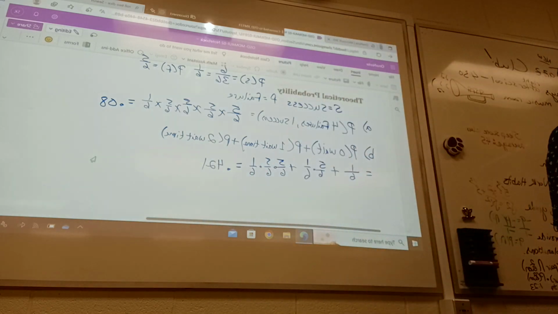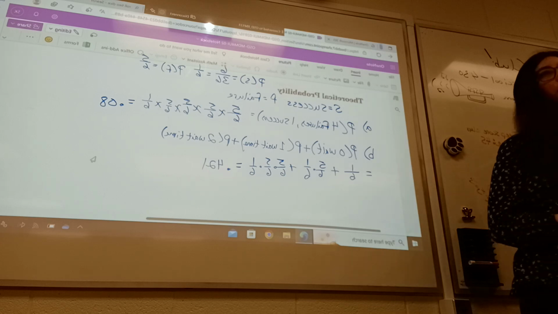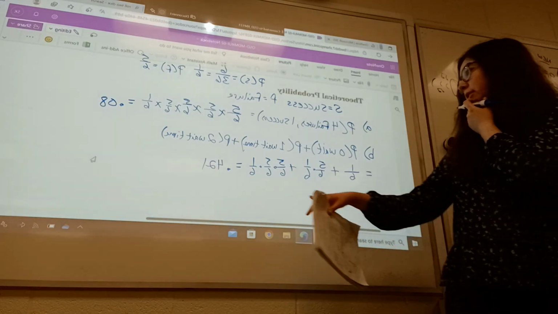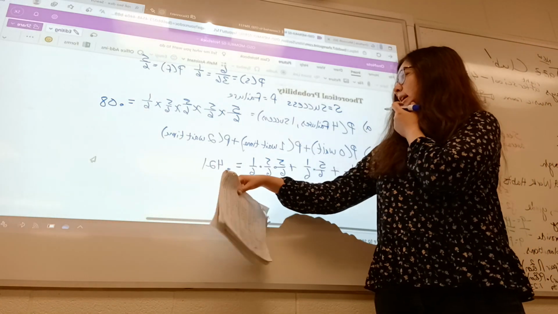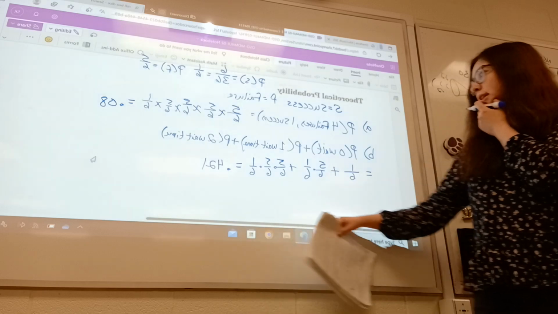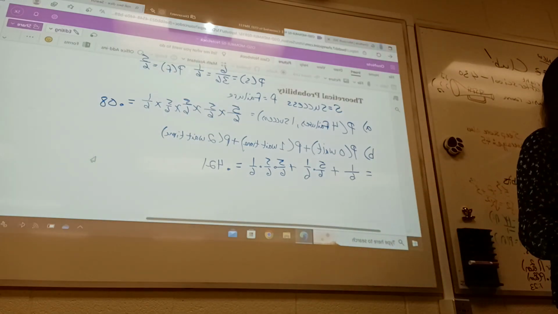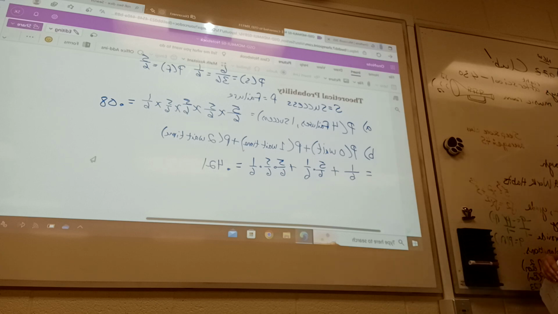And what did we get for our experimental for B? What did we get, Tyler? 0.32. So pretty close, kind of in that ballpark. 42% probability theoretically, but experimentally we calculated it to be 32%. So it's usually going to be around the theoretical, but not often exactly the same.